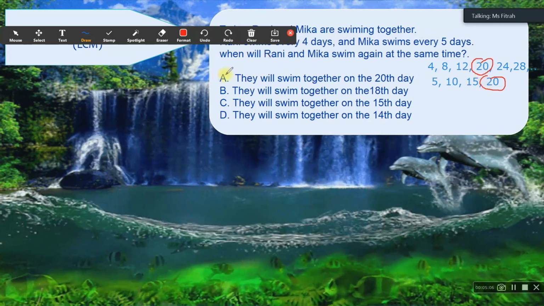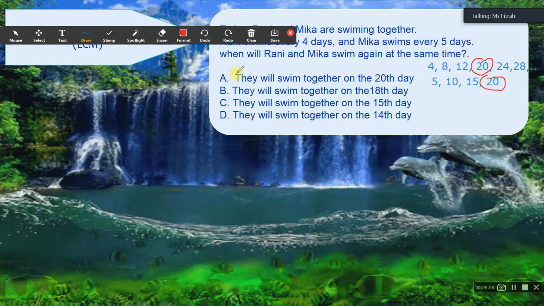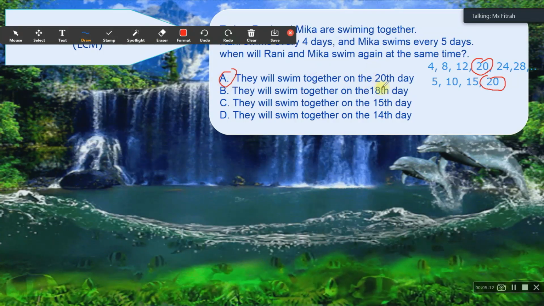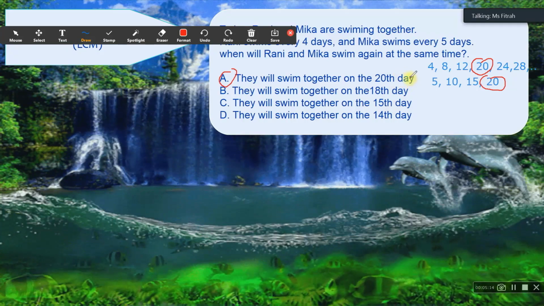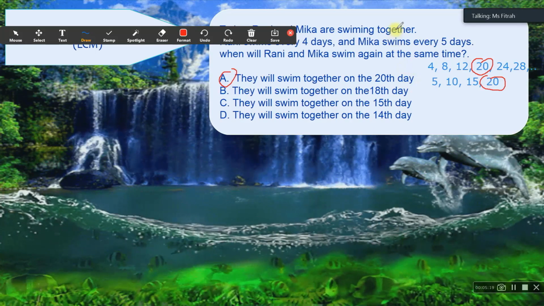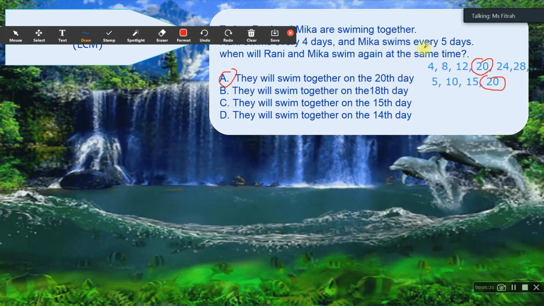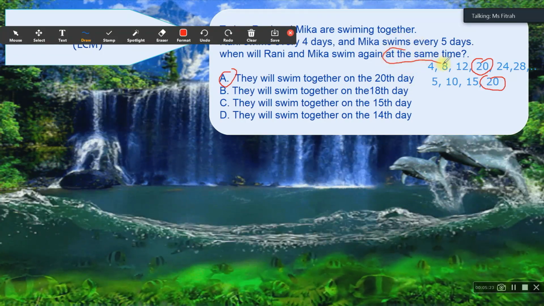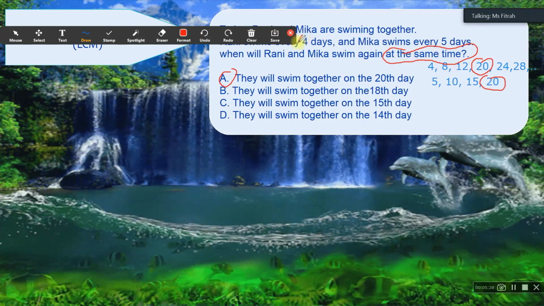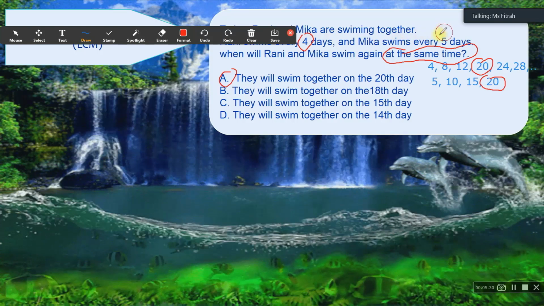So the answer is yes. They will swim together on the 20th day. Okay, can you get it? If there is the keyword at the same time, you must find the LCM of 4 and 5.